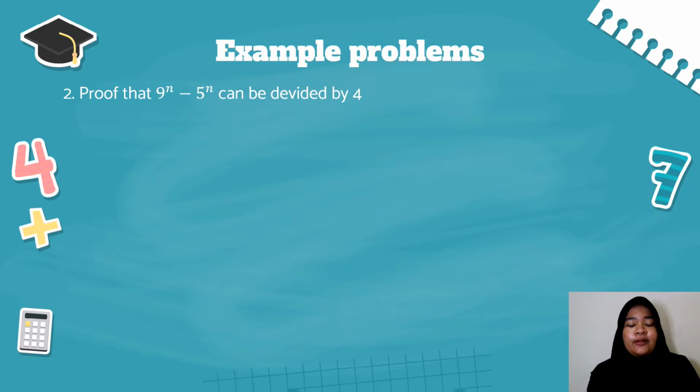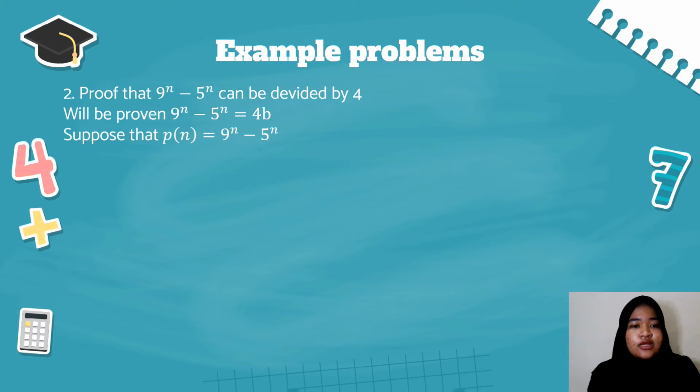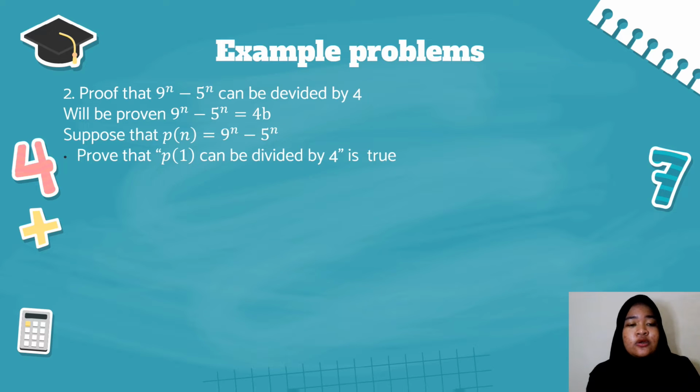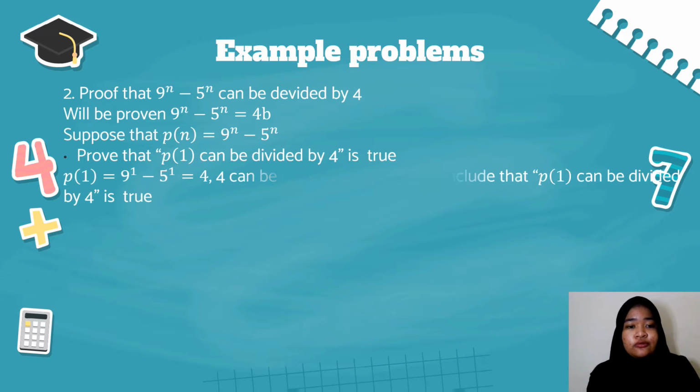Okay, second example problem. Prove that 9 power n minus 5 power n can be divided by 4. We will prove that 9 power n minus 5 power n equals 4b. Suppose that Pn equals 9 power n minus 5 power n. So the step is prove that P1 can be divided by 4 is true, and then P1 equals 9 power 1 minus 5 power 1 equals 4.